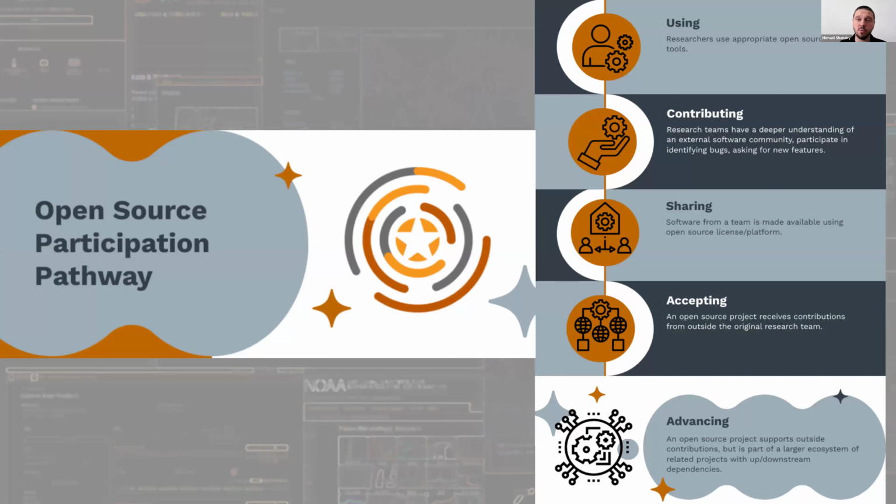Our goal is to really support folks throughout the process of getting more comfortable using and engaging with open source software. You might start out as a user of an open source tool.